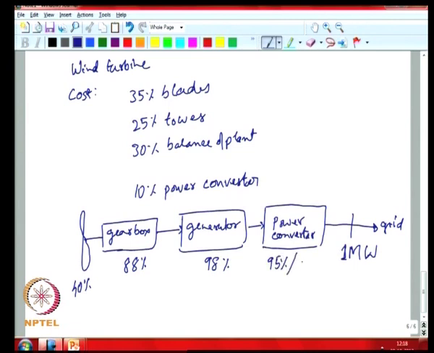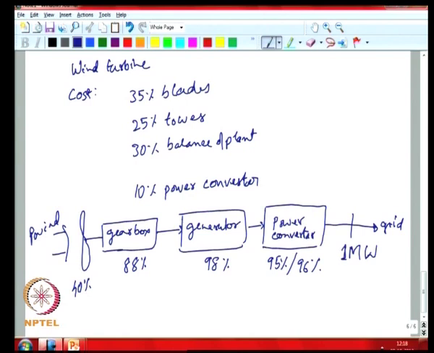One may be 95%, the other may be 96%, and you can see what would be the energy in the wind that needs to be captured corresponding to the 1 megawatt output for these two options.